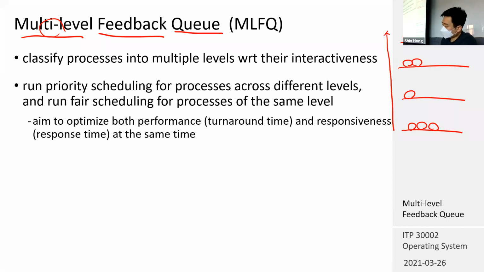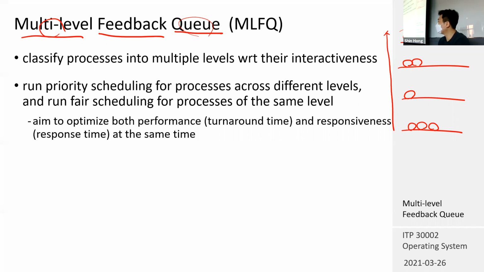But within a queue, processes residing in the same queue are governed in pretty much the same manner as round robin does. So there are classes of processes, but within the same class, they have an equal chance of being scheduled. In that sense, this is round robin.